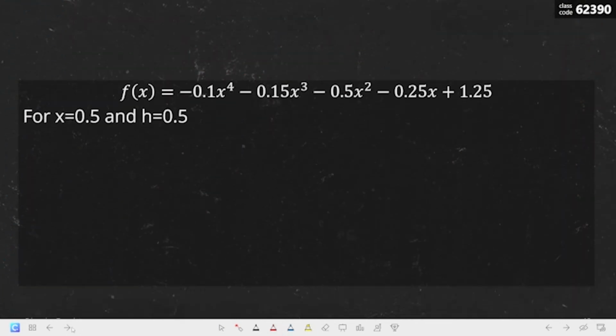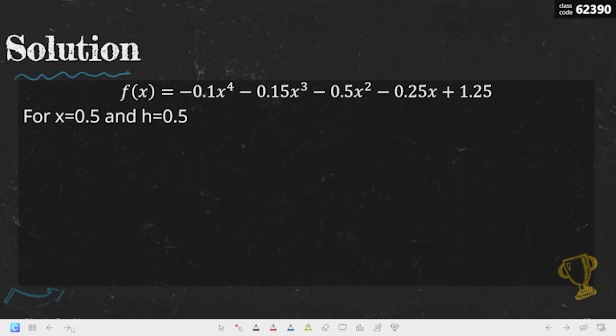Now let's go to central difference. In our central difference, we have f prime of 0.5, which is equal to the next value, 0.25, minus the previous value of 1.25, divided by 2 times our h of 0.5, which is equal to negative 1.